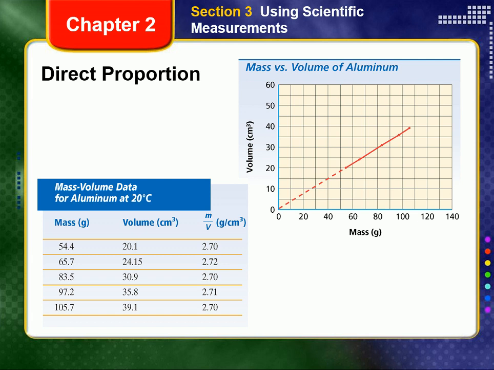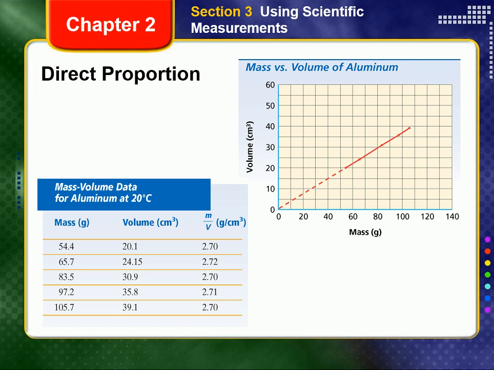The data for aluminum in Table 2-7 are graphed in Figure 2-11 on page 55 of your text or on the screen now. The mass and volume of a pure substance are directly proportional to each other. We consider the mass to be y and the volume to be x. The constant ratio, k, for the two variables is density in this case.